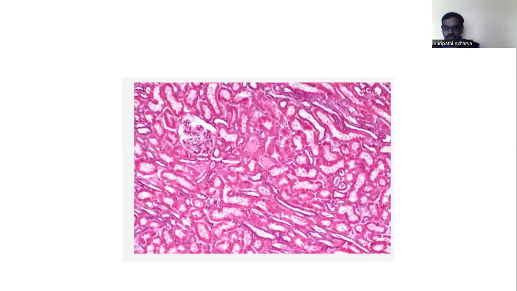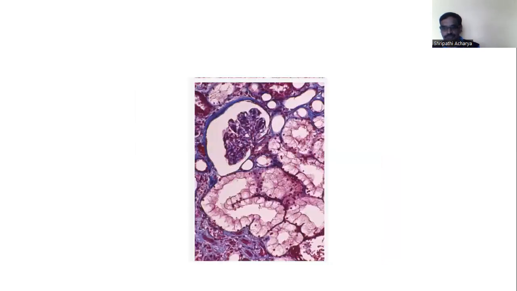This is a section of the kidney. You can see the tubules. There are also changes seen, and there may be degenerative changes. You can see the glomeruli.